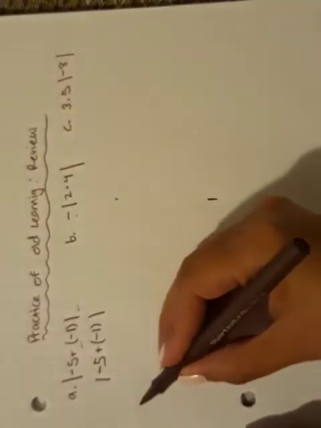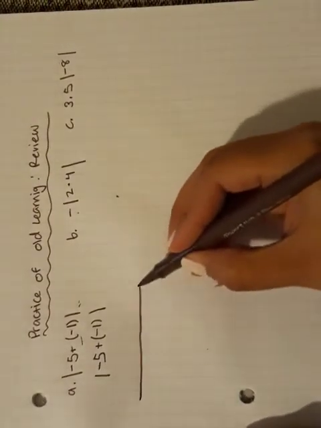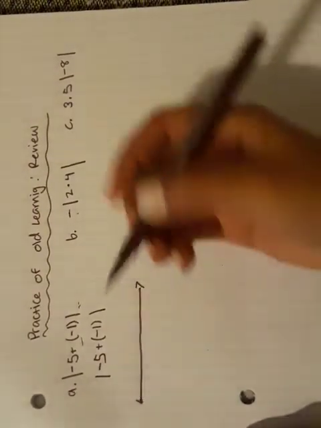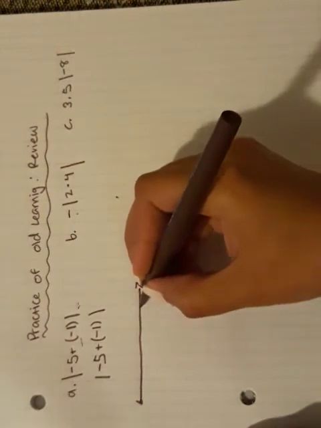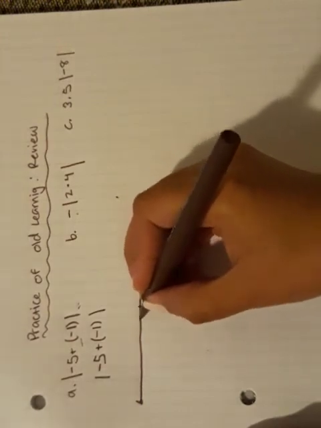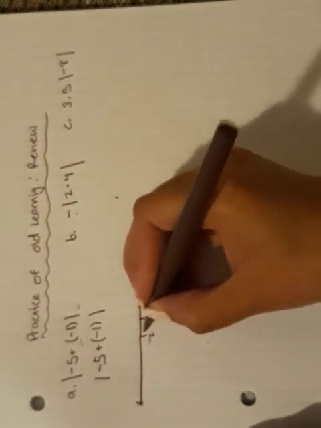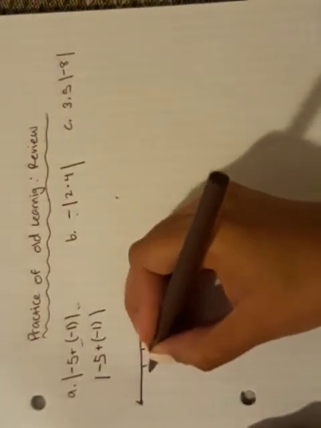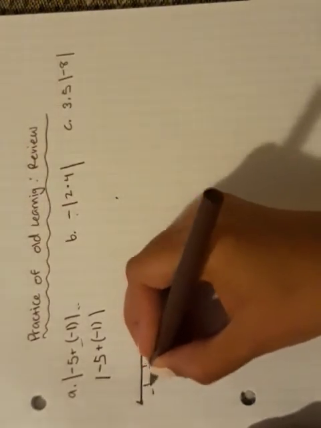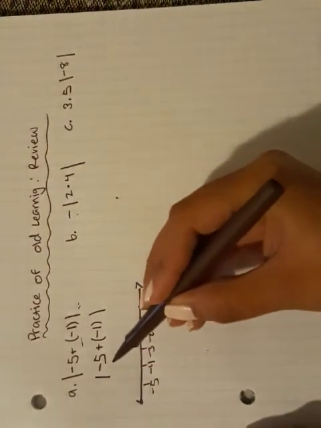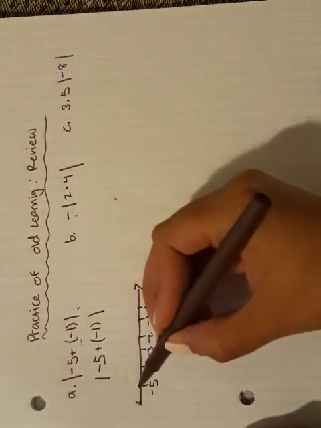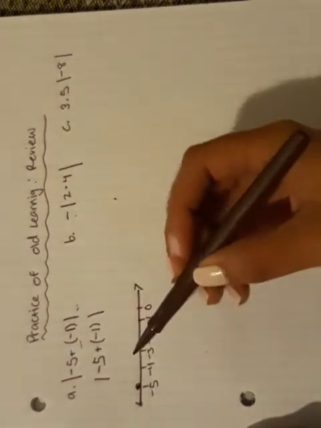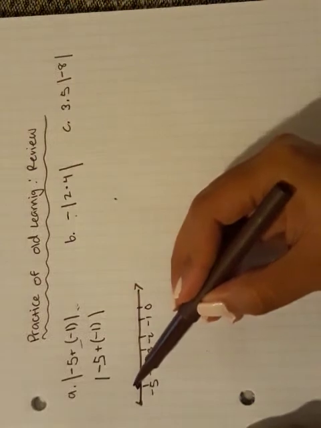So if you were to draw a number line and you have, I'm going to start from zero over here. -1, -2, -3, -4, -5. So I'm going to start in -5. We're in -5. You're adding one negative number.